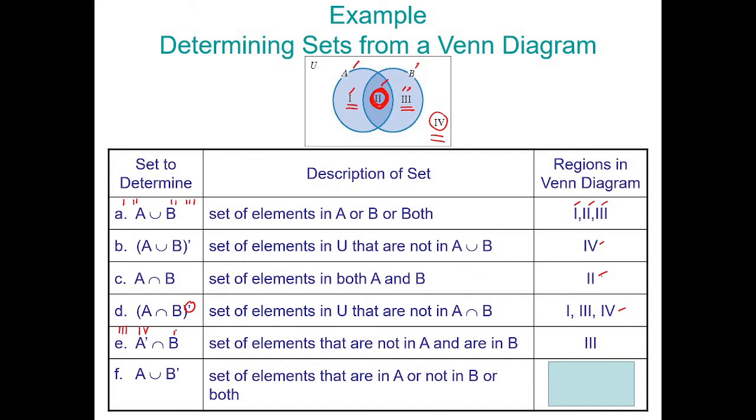Let me write 2 and 3. Unsa may common? Kay when you say intersection, common. Common aning 3 ug 4 ug 2 ug 3. Unsa may common aning duha? Oh, common ang 3. Mao nang 3 atong answer diri. Okay? And lastly, okay na, sir. Kasabot na ha. Okay na na.